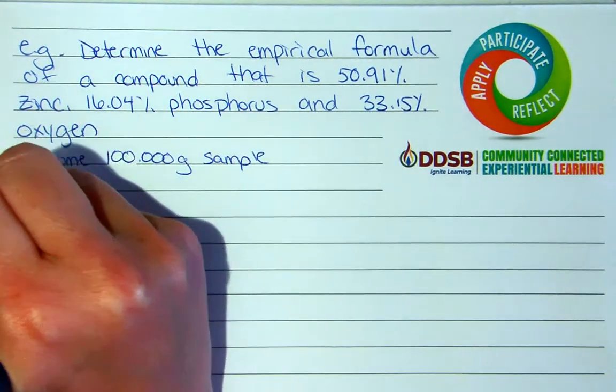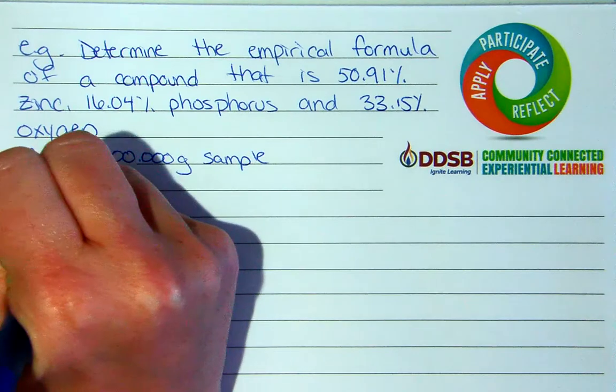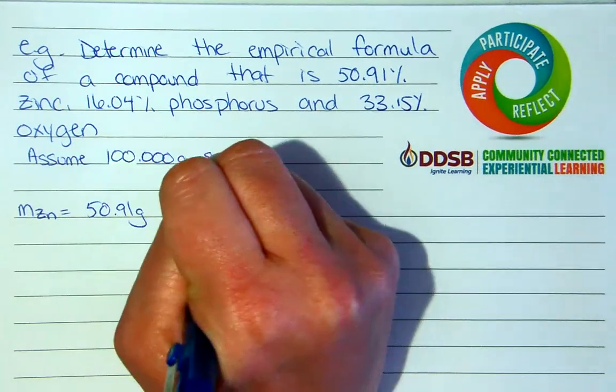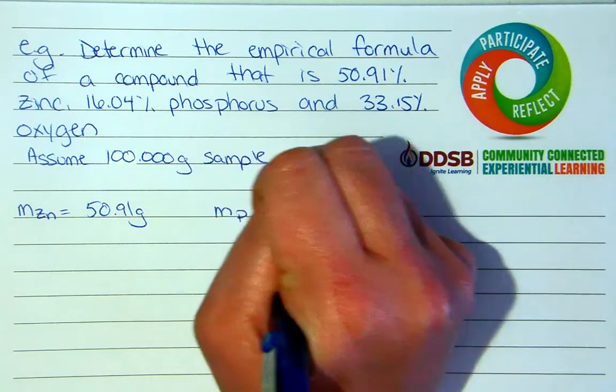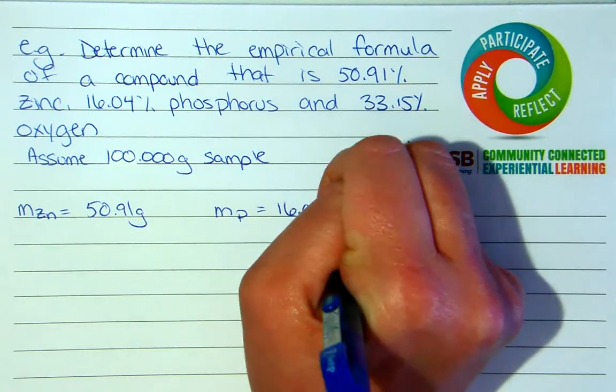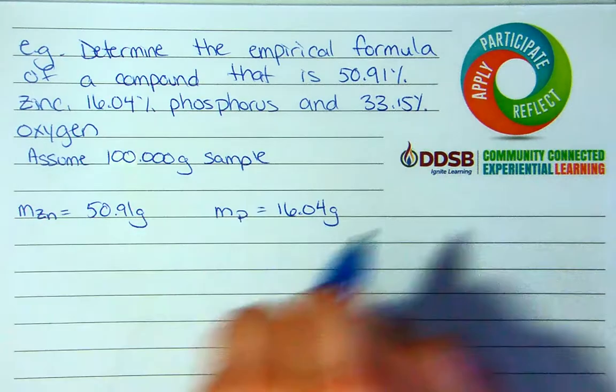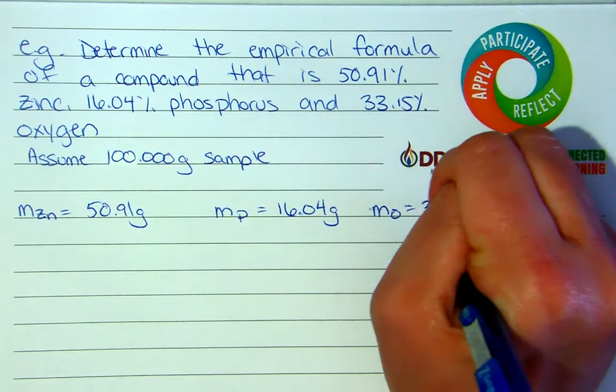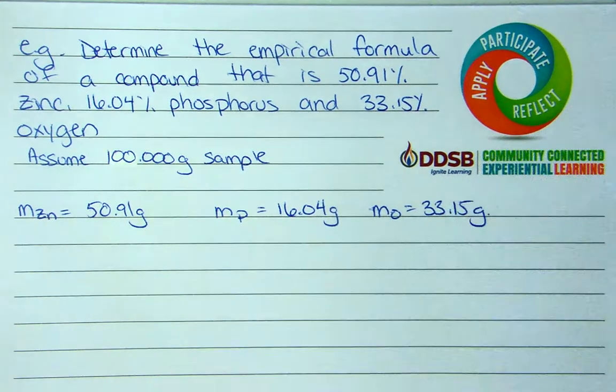So that tells me that the mass of zinc is going to be 50.91 grams. The mass of phosphorus is going to be 16.04 grams. You guys should have already paused by this point, by the way, to write it out. And the mass of oxygen is 33.15 grams.